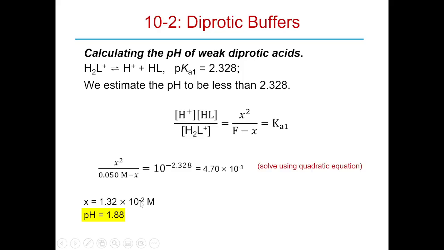That's 0.01. 0.05 minus 0.01, that's a significant change, isn't it? And so you can't make that assumption. You have to keep the minus x because it significantly changes it, right?